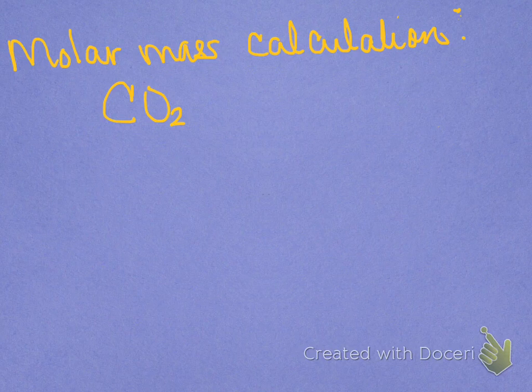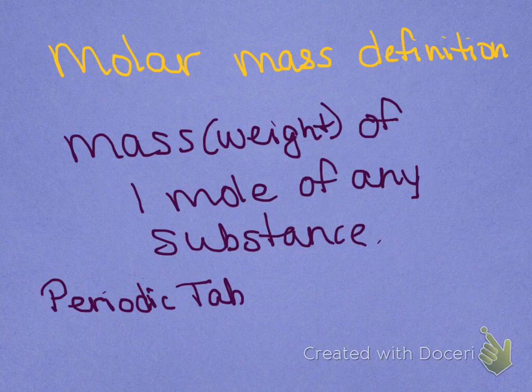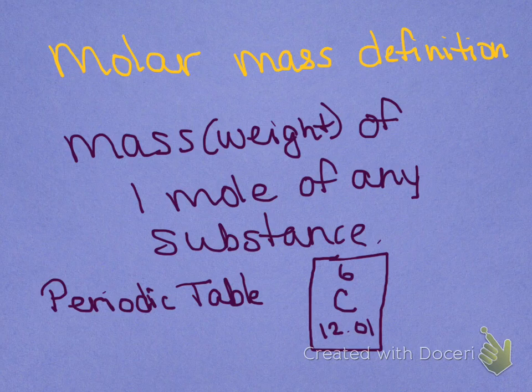So we want to know, how do you calculate the molar mass of something? If we want to look at a mole of a compound or an element, we are going to refer to our periodic table. If you recall, each square on the periodic table has an atomic number, an element symbol, and then a decimal number down at the bottom.